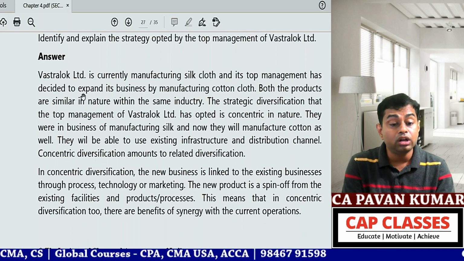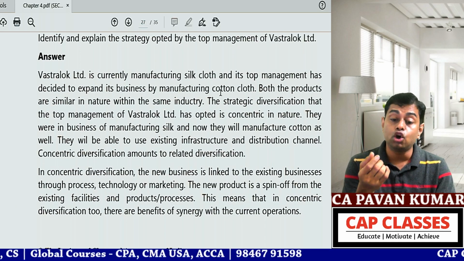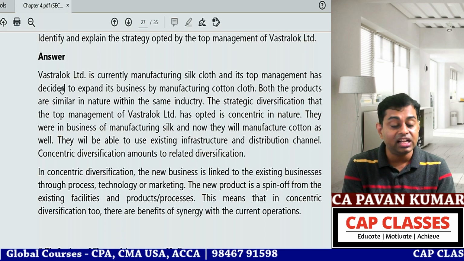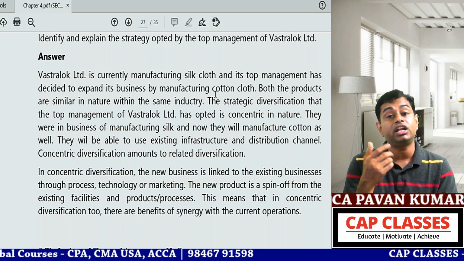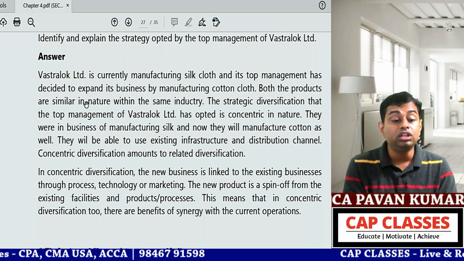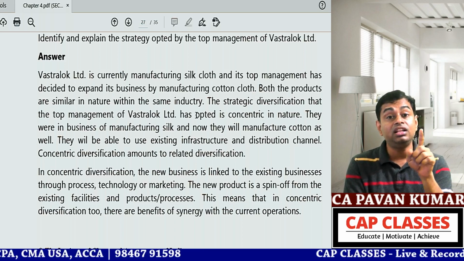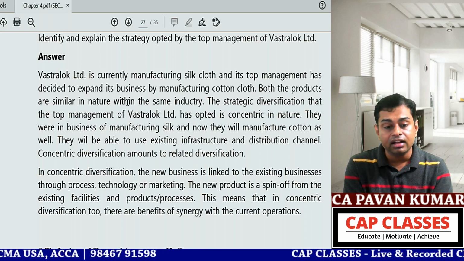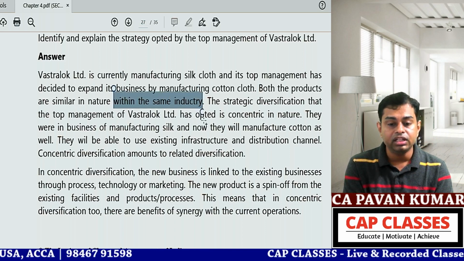Vastralok Limited is currently manufacturing silk cloth, and its top management has decided to expand its business by manufacturing cotton cloth. Facts of the case, copy paste, Control C, Control V. Both the products are similar in nature within the same industry. Underline, you are operating within the same industry.